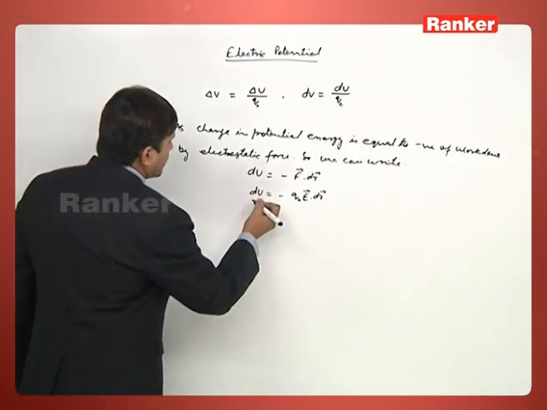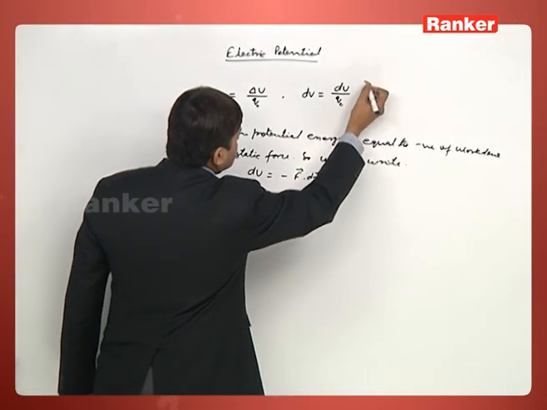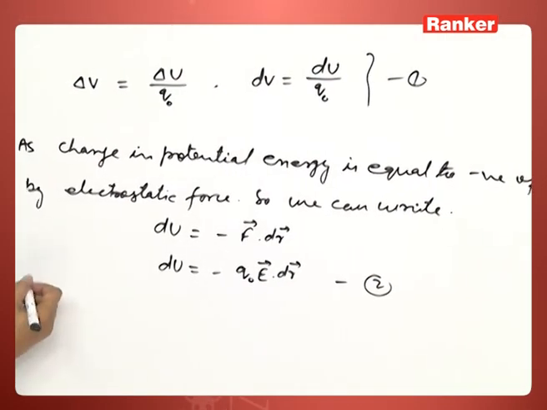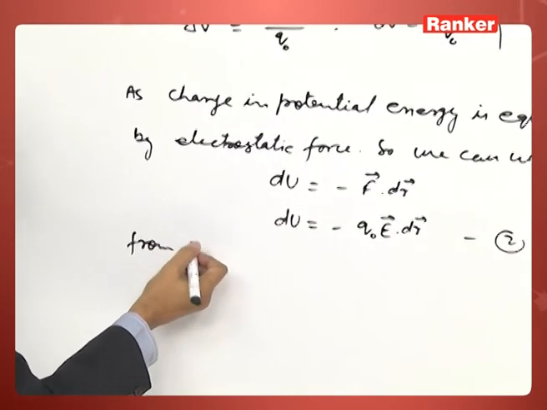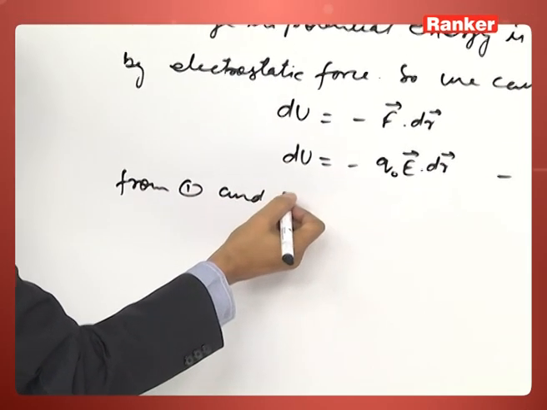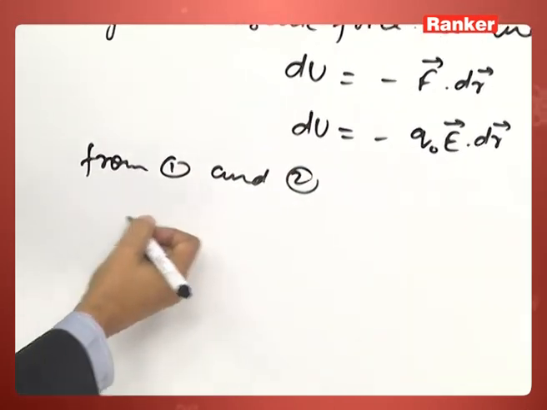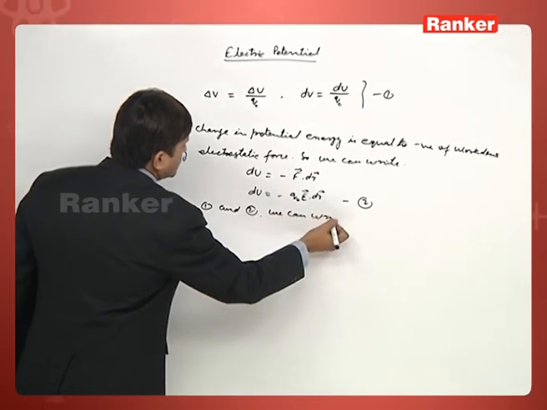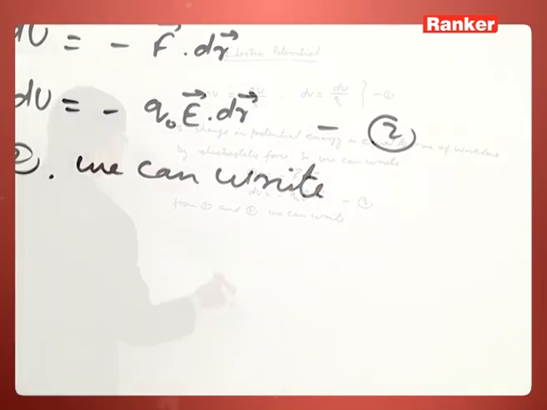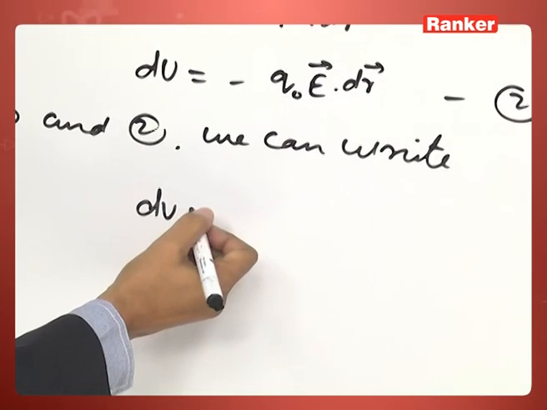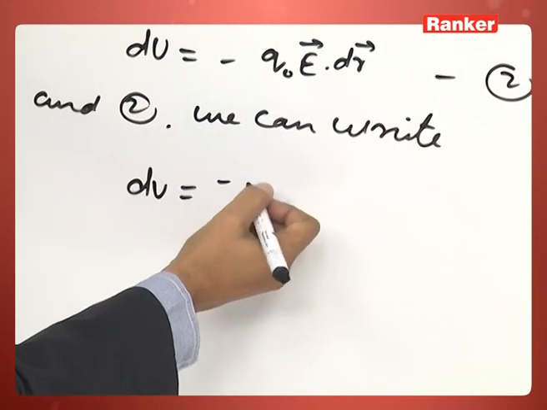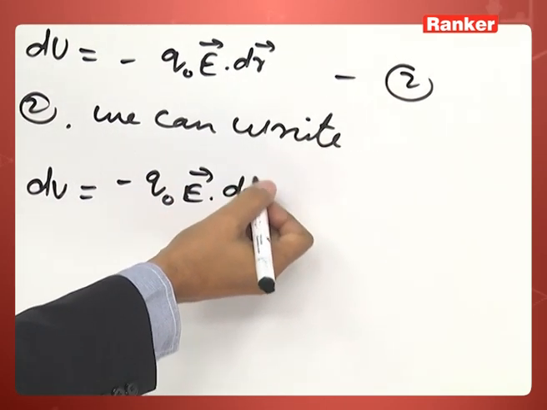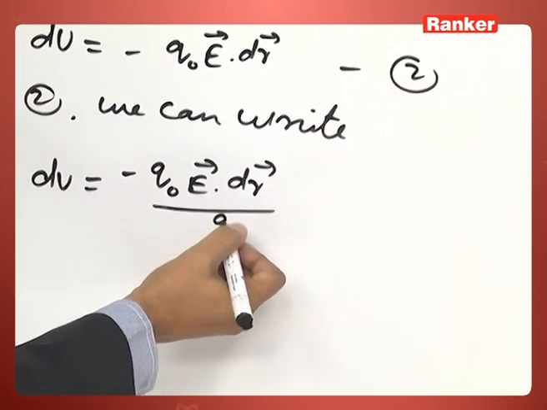Then see the first and second relation. From first and second we can write dV is equal to minus q naught E dot dr by q naught.